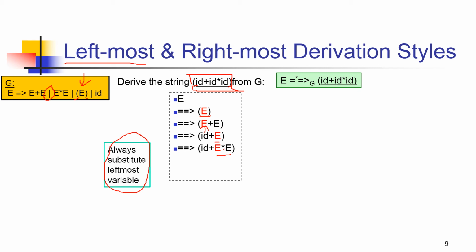That is this particular E, and I am going to replace it, and this becomes id plus id star E. Now again I have only one E, so there is no choice at all. So I got id plus id star id. Hence I got my desired string by substituting the leftmost variable first. So this becomes LMD, leftmost derivation.